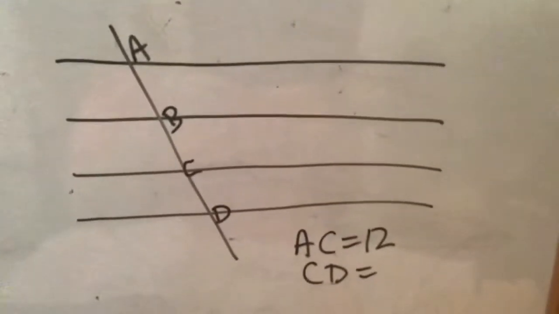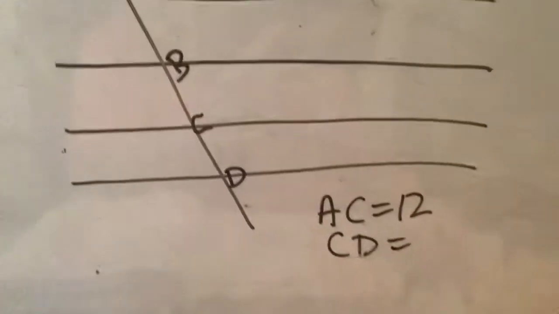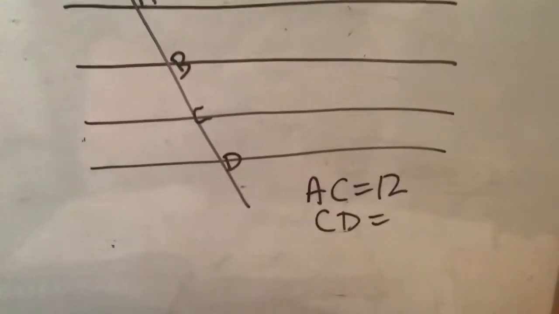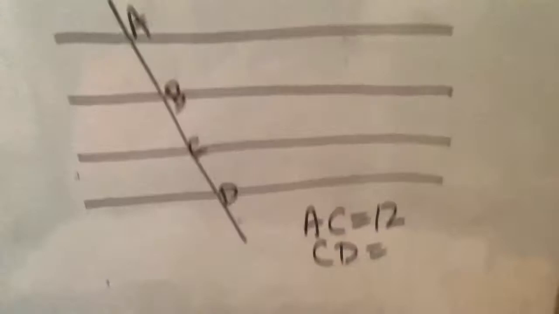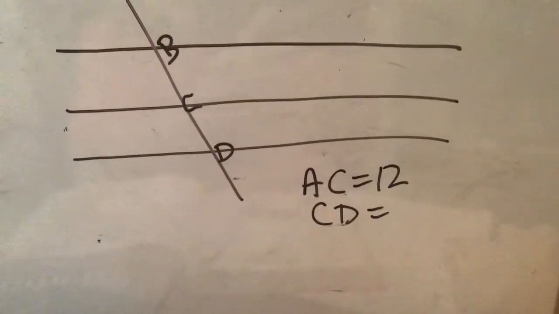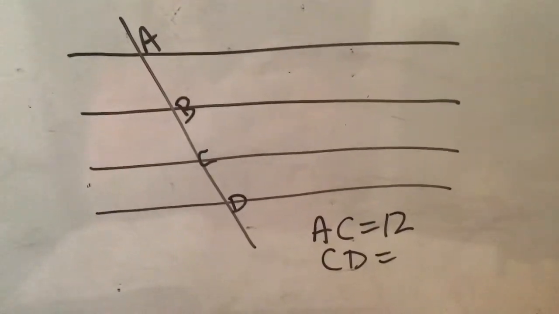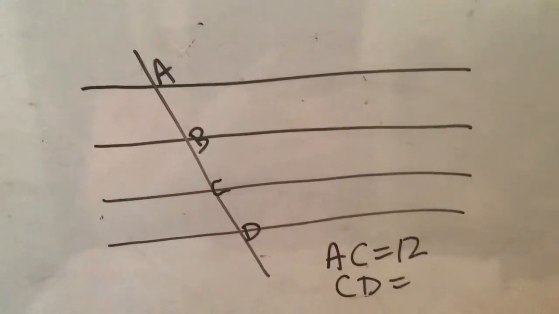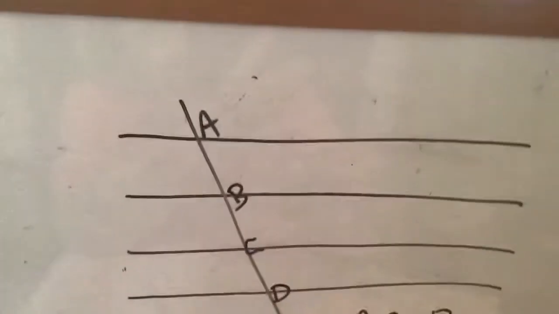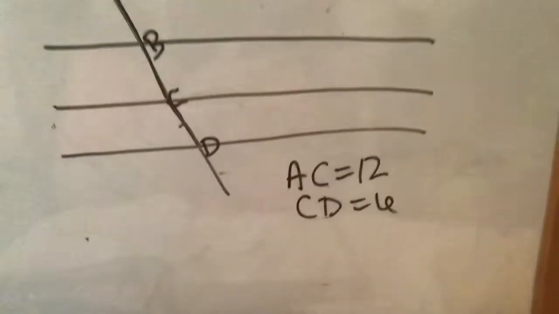So if I know that AC is 12, and I know that these are equal to each other, because that's been told in the directions, or they will say that the lines are parallel to each other, and that AB is equal to BC is equal to CD, and so on. They're going to tell you that. So if AC is 12, then CD is going to be half of that, because CD is one of these, and AC is two of these. So CD is just going to equal 6.